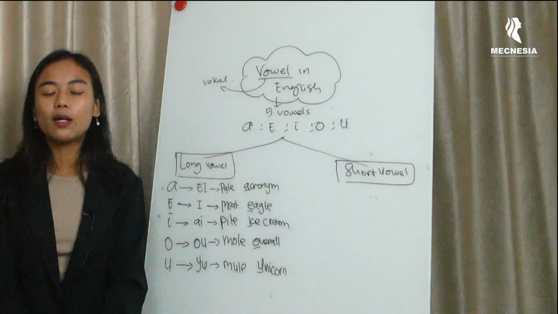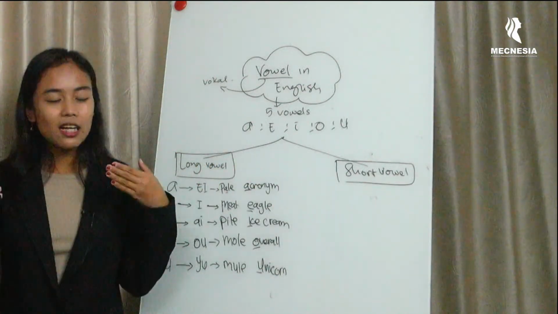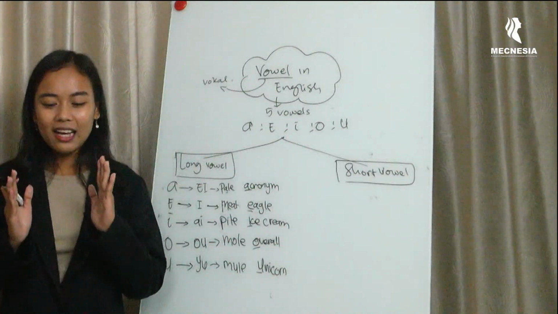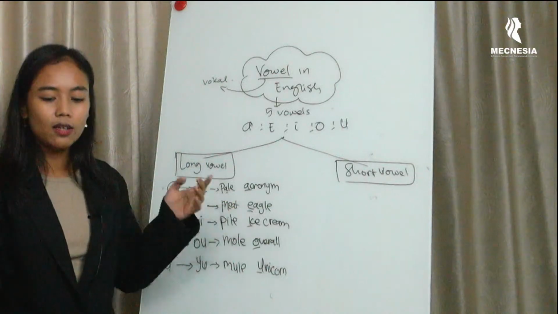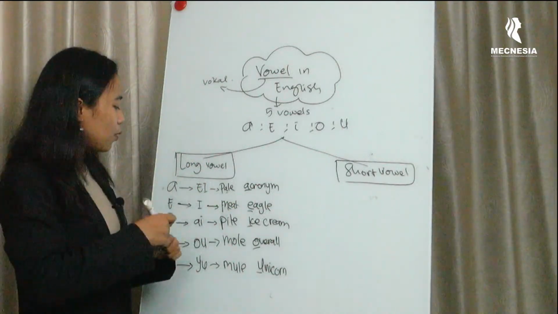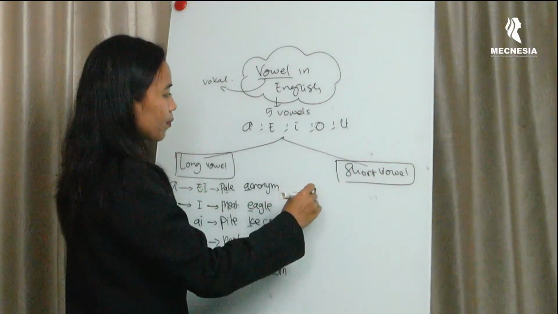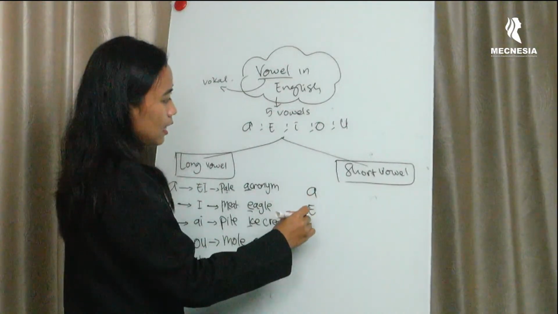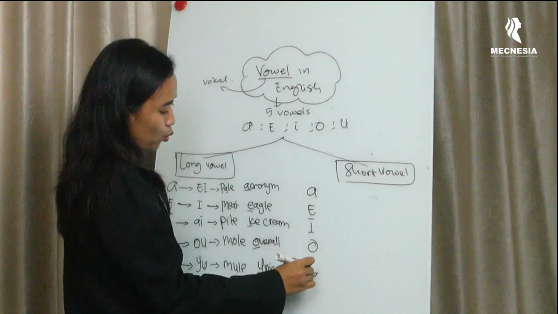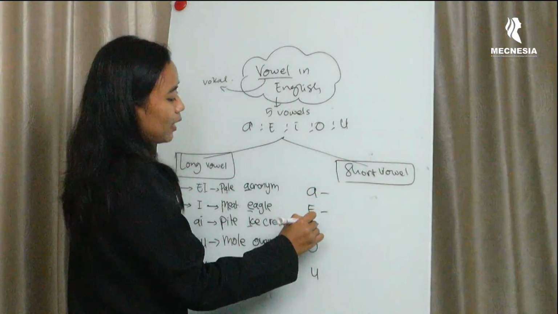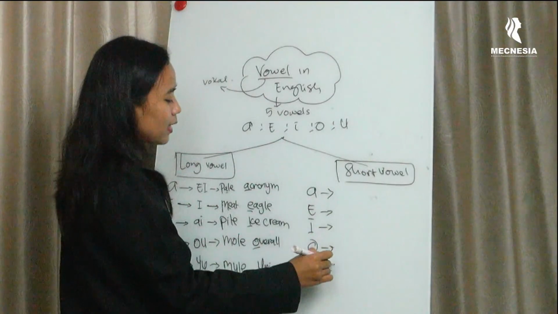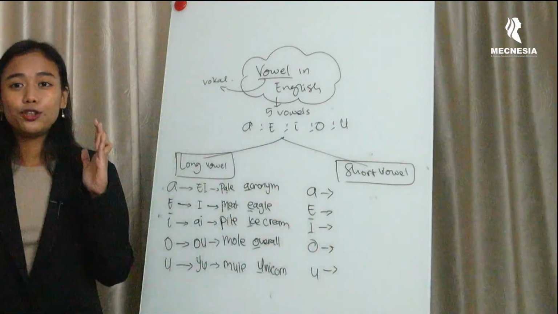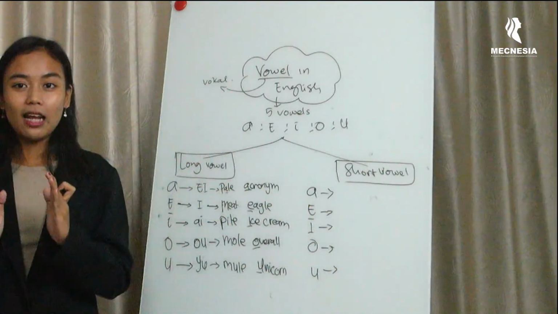Next, let's talk about the short vowel. Sekarang kita masuk ke bunyi pendeknya. Okay. This one is simpler. Yang ini lebih simple. So we have A, E, I, O, U. Tapi kalau tadi kita ngomonginnya agak panjang, this one is short. Kali ini lebih pendek.